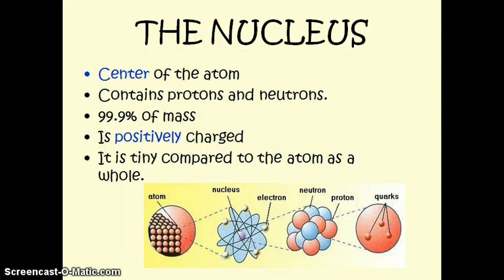It is positively charged, and we'll talk about why here in a second. It is tiny compared to the atom as a whole. So the volume of the atom is mostly taken up by the electron cloud, and the nucleus takes up very, very little of that space. This is why the Rutherford experiments were able to demonstrate that most of the atom is essentially empty space.